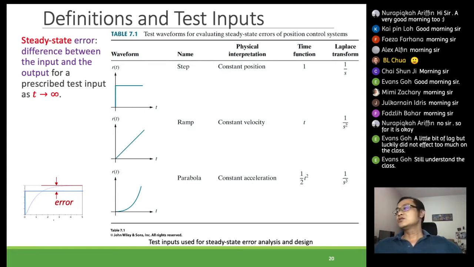If we just set a value, then we can say this is a step input. For a step input, the time function will be 1, and the Laplace transform will be 1 over s. If we are giving a ramp input, constantly increasing, then the time function will be t, and the Laplace transform will be 1 over s squared.